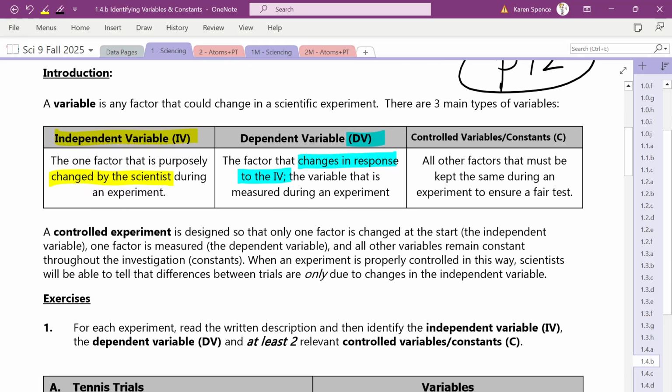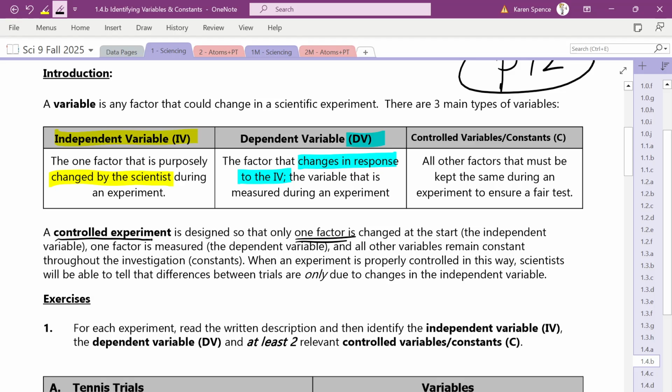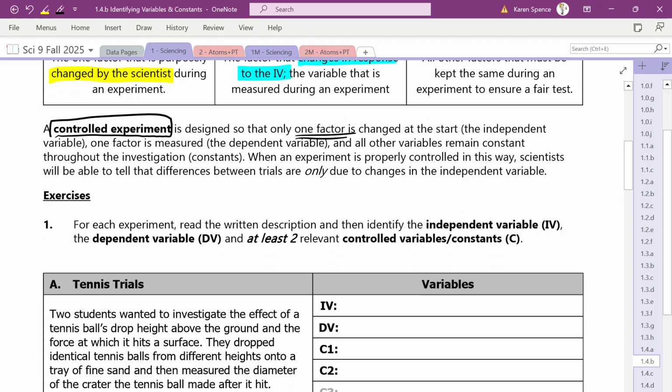And finally, a controlled experiment has only one factor that is changed. That is your independent variable. And one factor that is measured, that is your dependent variable. Everything else is held constant. So let's try the first one together.